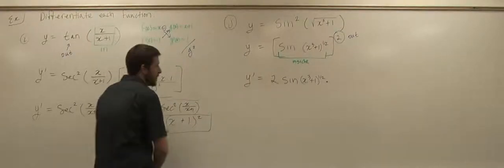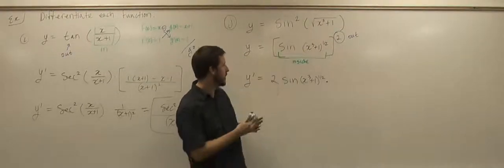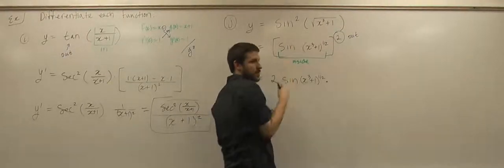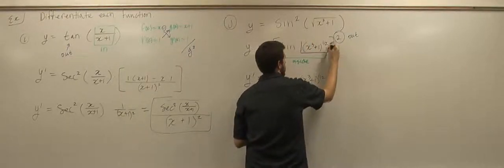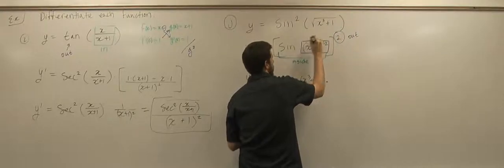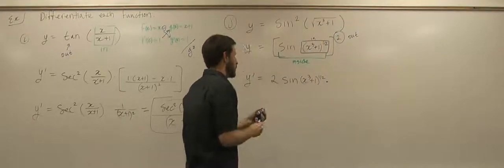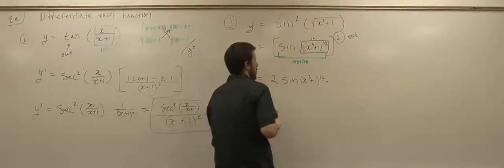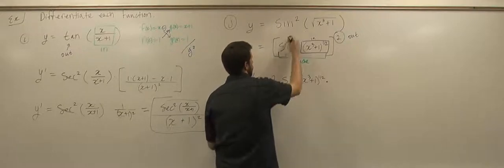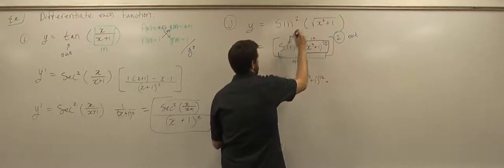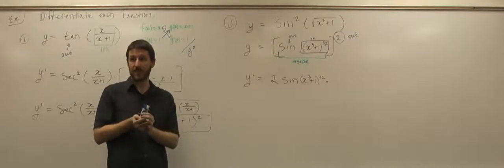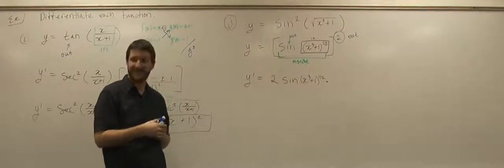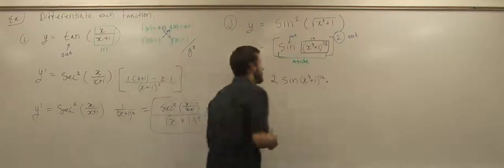So now to do the derivative of the inside, you have to break this guy down. Here's your inside, here's your outside. So it's the derivative of sine times cosine.